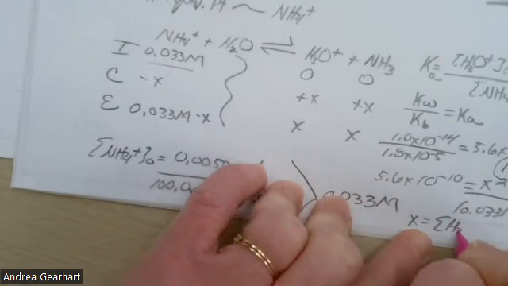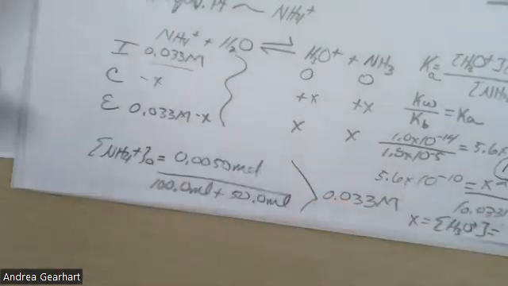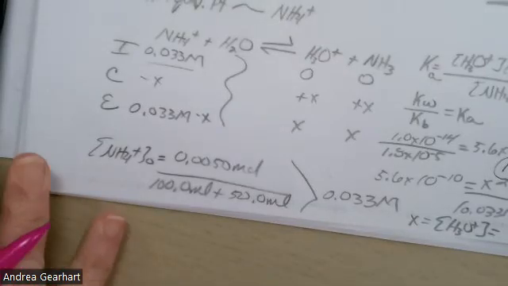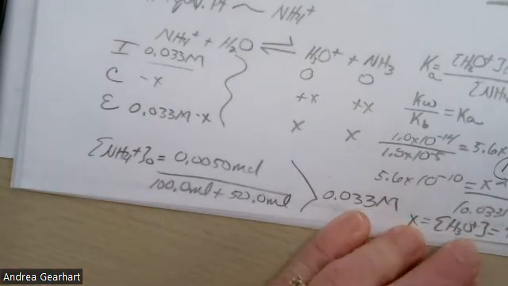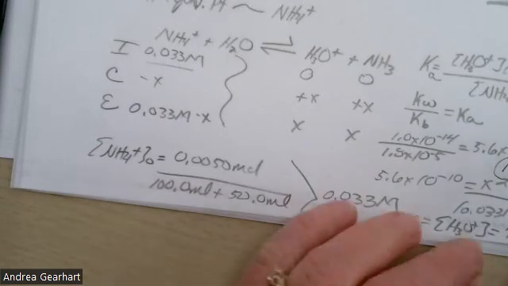The x is my hydronium, 4.2 times 10 to the negative 6.